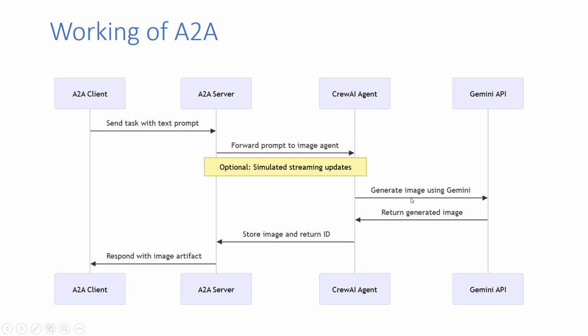The agent then generates the image using the Gemini API, which it has access to, and then the image is returned and stored, and the response is sent to the A2A client. So a very simple working structure here, looks quite neat. And it's a wonderful protocol, I think, that will help AI functionality further.